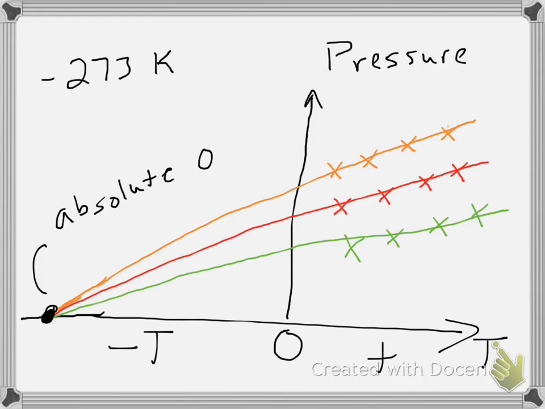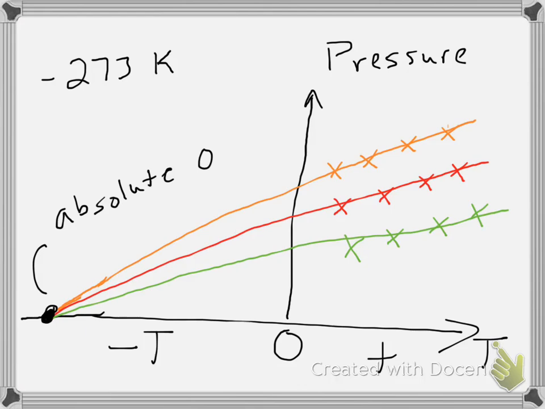It's called absolute zero because that's where the gas ceases to have any pressure whatsoever, or at least these models predict that the pressure goes to zero at that temperature.